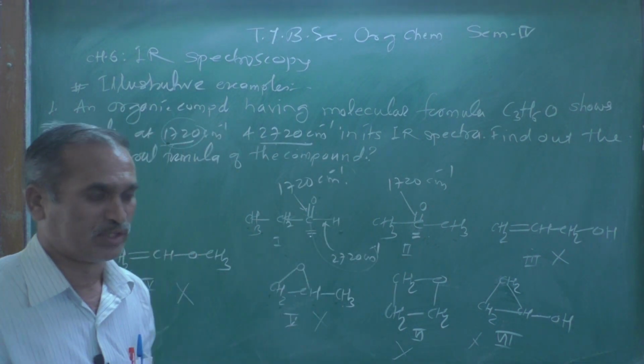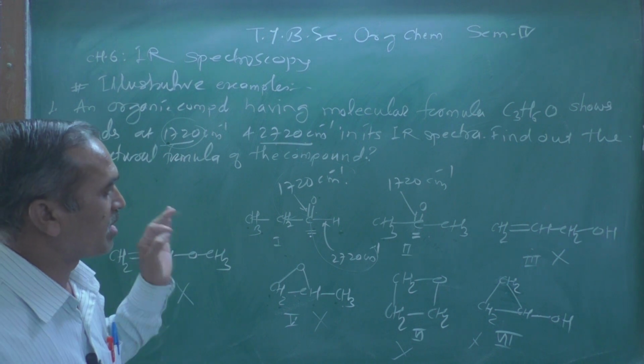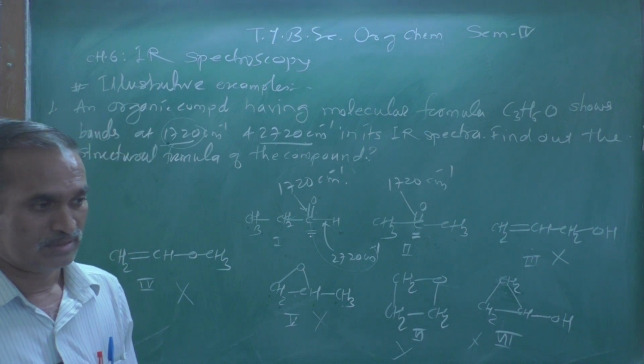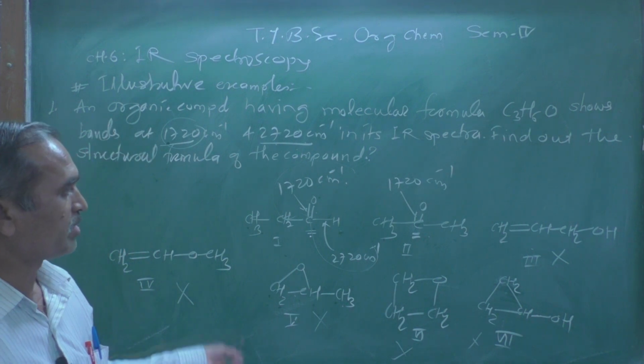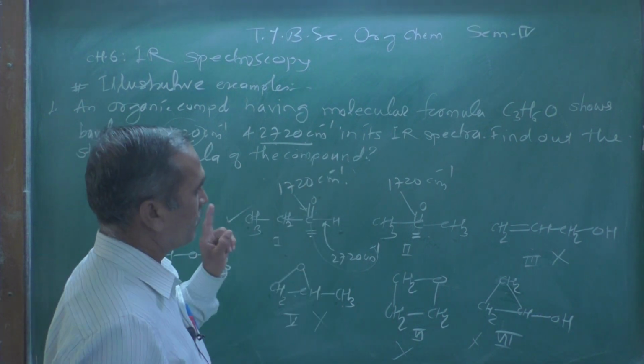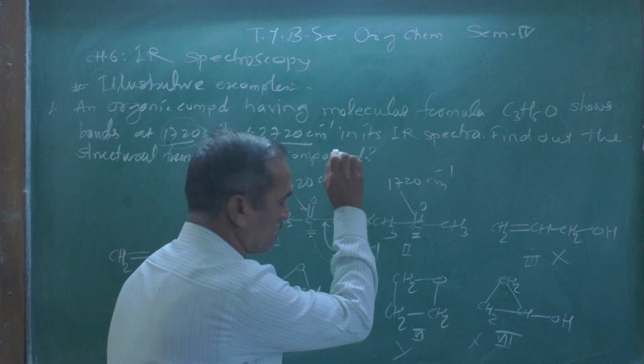And as we know, the aldehyde group is always present at the end of the carbon compound, and therefore the structure must be the first one and not the second one.